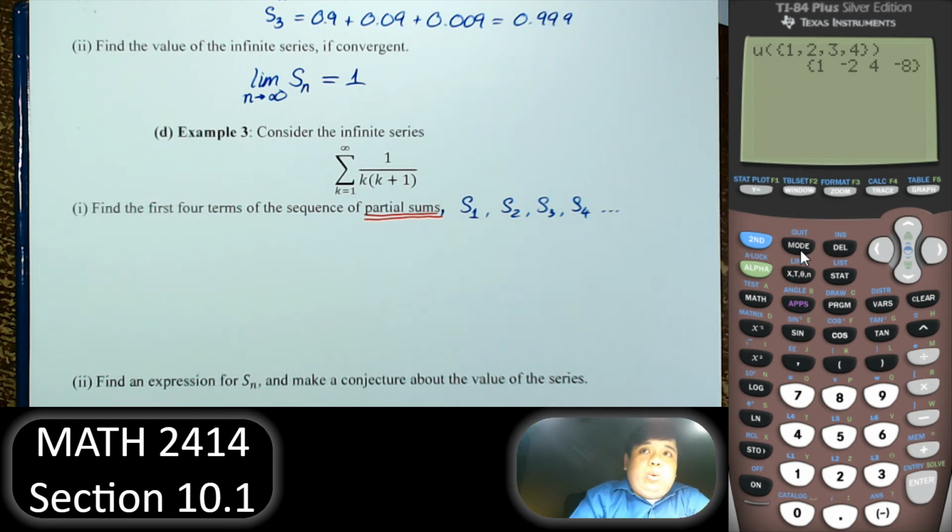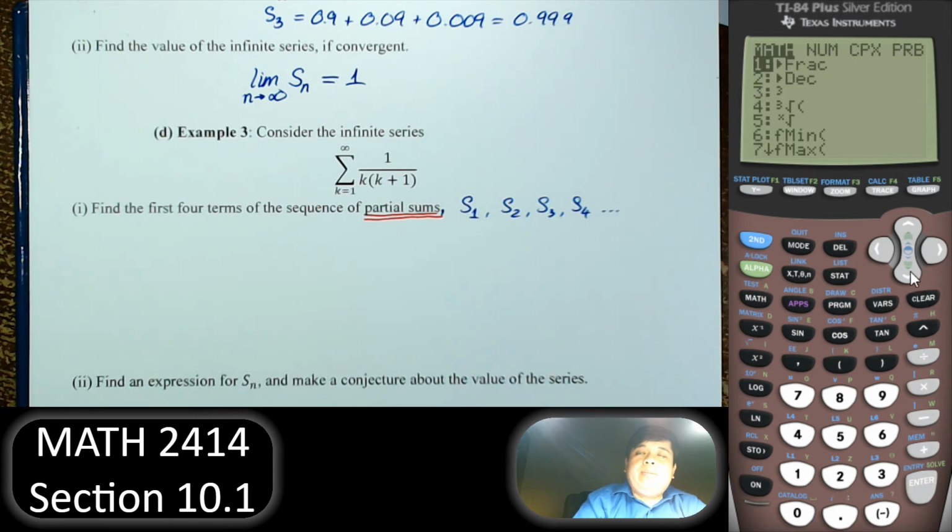Now if we want to, we can use the summation that we did before, but it's going to be math. This is sum, it's just add everything in the sequence, so we're not going to use that. We use the summation notation. Math, let's clear everything. Math, option 0, summation.